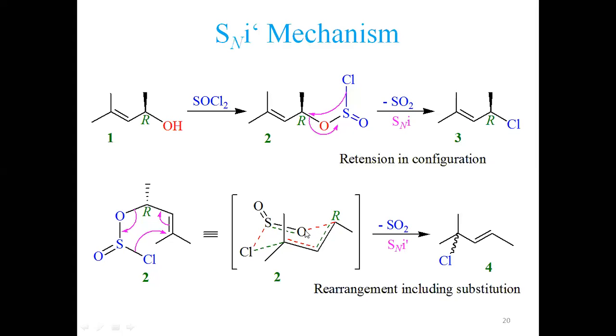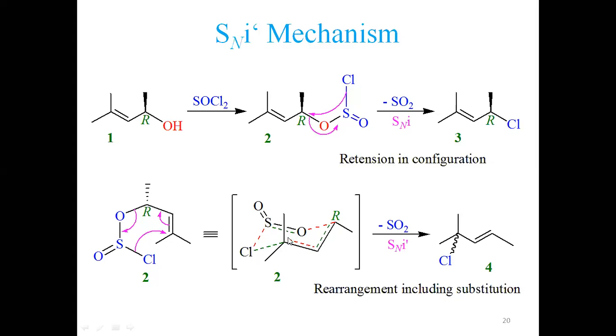We have an oxygen attached here, S double bond O attached here, and then a single bond is presented here with chlorine. The bonds in dotted line are half bonds because this is a transition state. Alternatively you are getting red, alternatively you are getting green. The green ones are new bonds forming, and red bonds are those which are broken bonds.